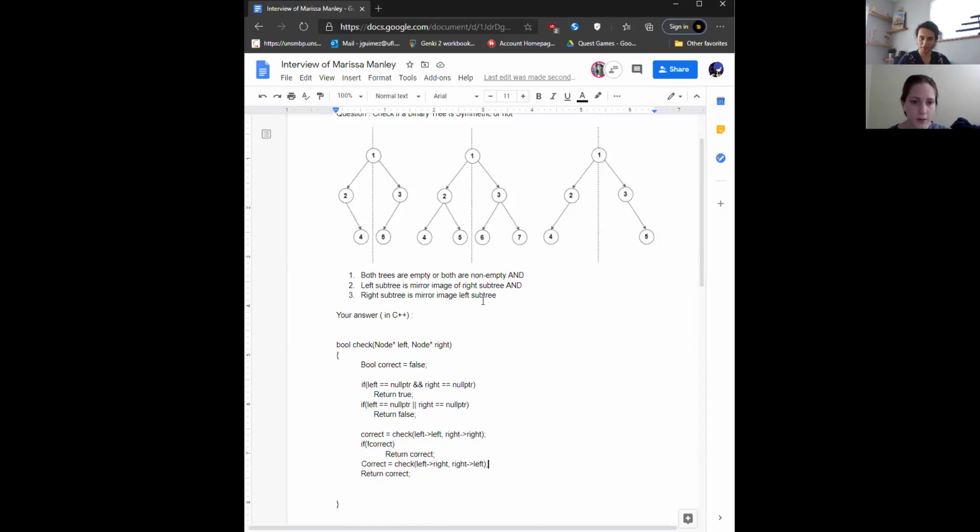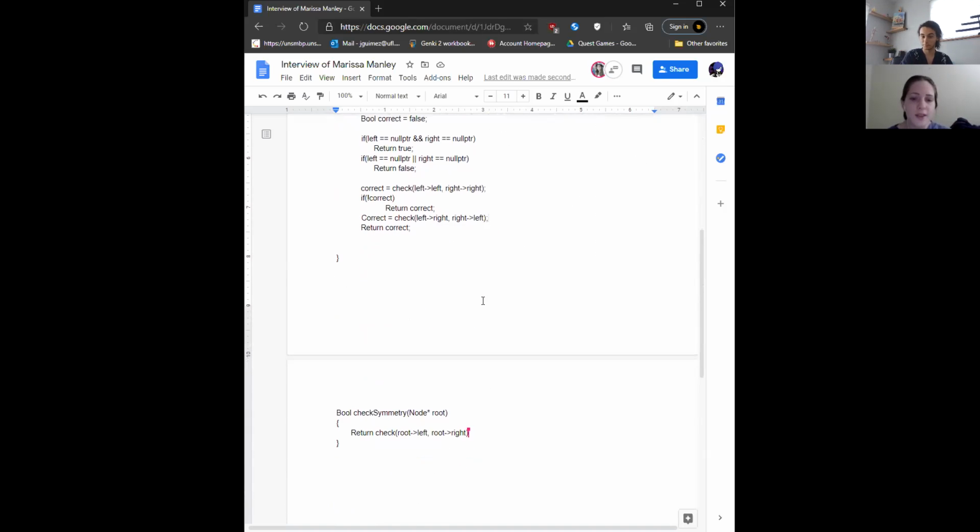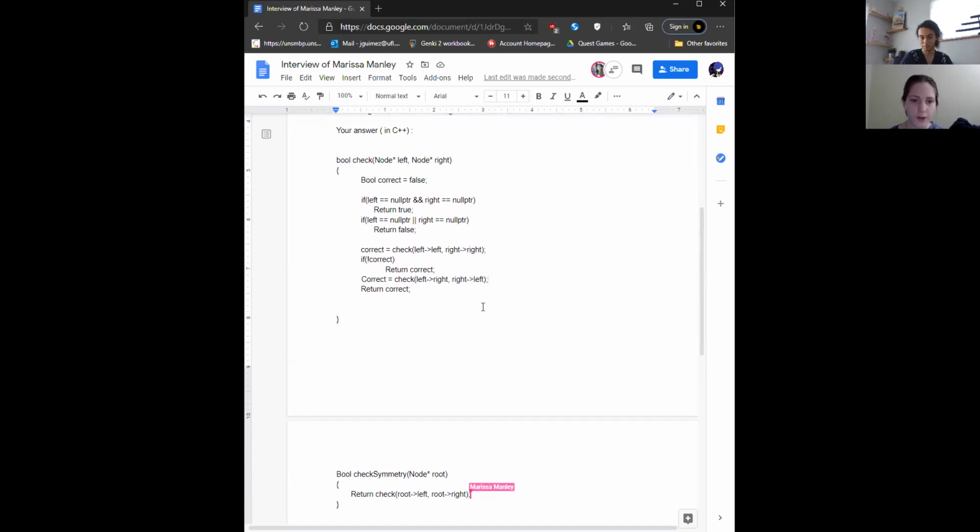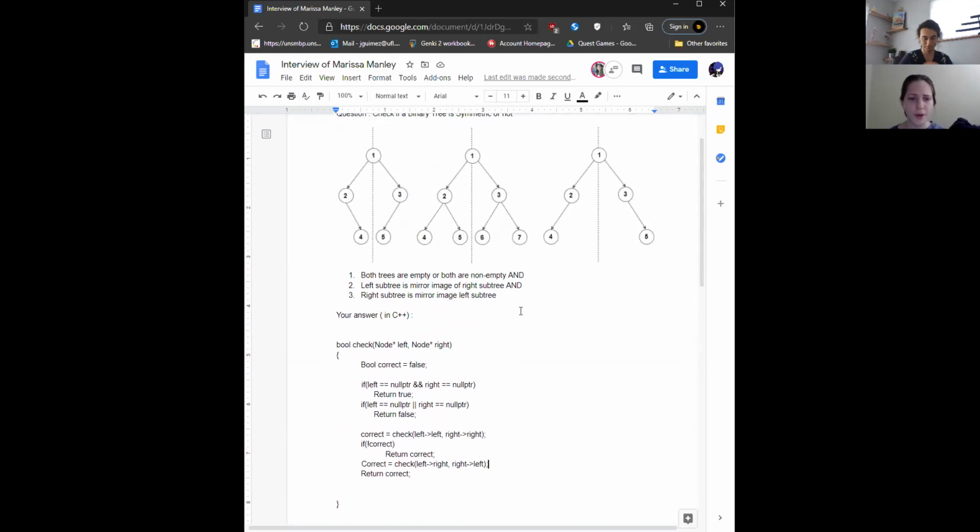But yes, in truth, you have indeed found the right answer. Oh boy, I did it. Yeah, and then technically, I don't need this, because this is just in the situation where you get the root, but somewhere else in a main method, you just send root's left and root's right in.